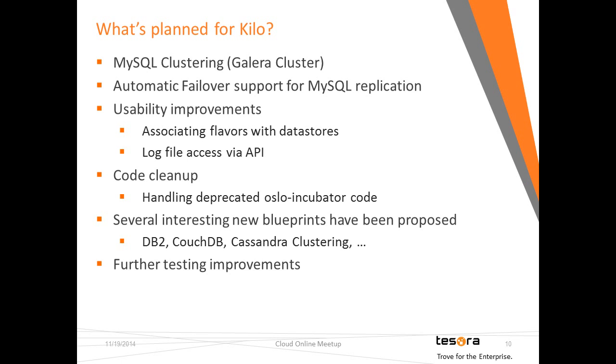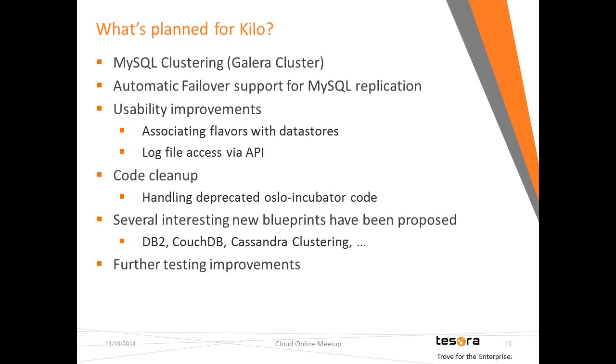So switching gears again a little, that's what we did in Juno. Now what's going to come out in Kilo? And this is some of the conversations which we had while we were in Paris with the Trove development team. We're going to extend on the clustering API and provide support for MySQL Galera clusters.